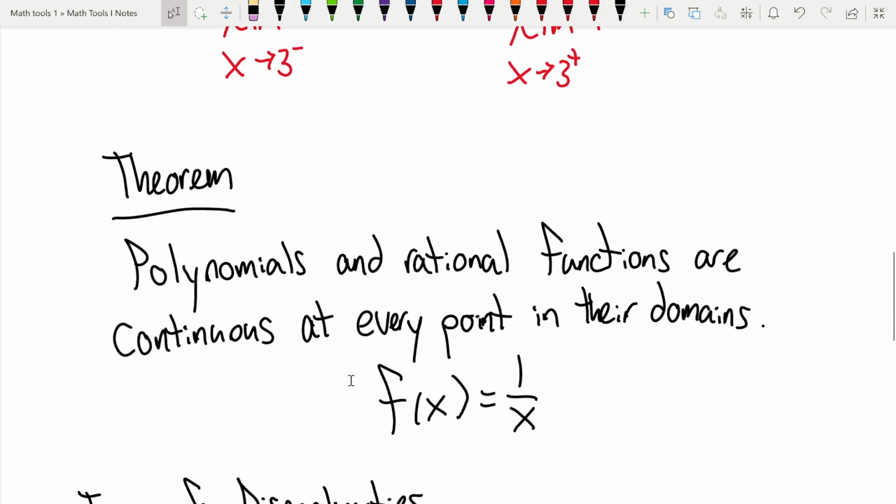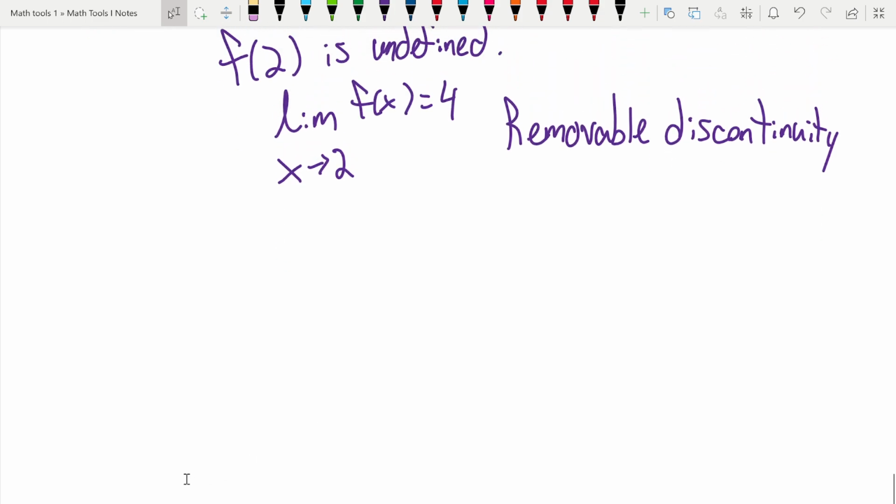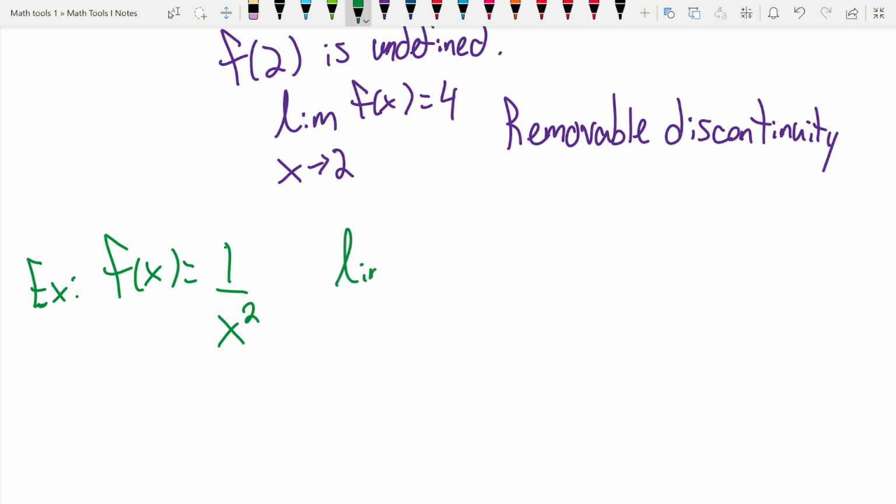Okay, let's look at one more here. Let's consider the function f of x equals 1 over x squared. Which I feel like we looked at, but it's going to be similar to 1 over x, of course, right? So the function is not defined at 0. The limit as x approaches 0 of f of x is equal to infinity.